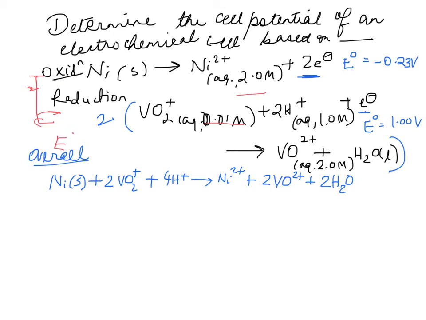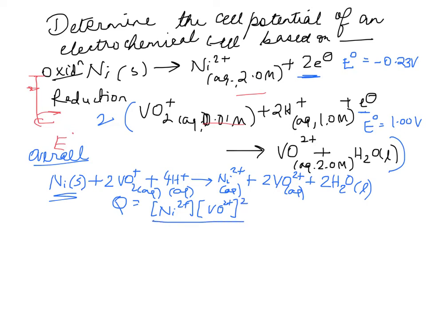So if you had to write down the Q for the reaction quotient, you're going to just follow the law of mass action. Everything which is aqueous is going to count. Anything which is liquid is not going to count. So all charges, of course, are going to count. Anything which is a solid is not going to count as well. So your Q is going to look like nickel 2 plus times VO 2 plus squared, divided by VO2 plus squared, and H plus raised to the power of 4.